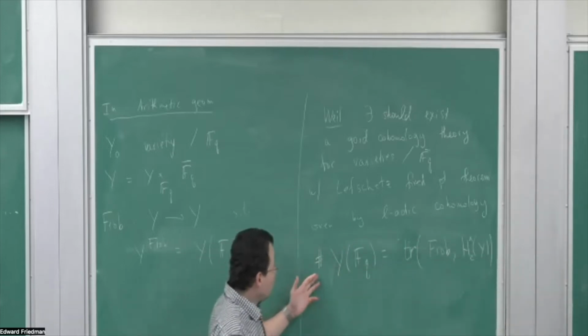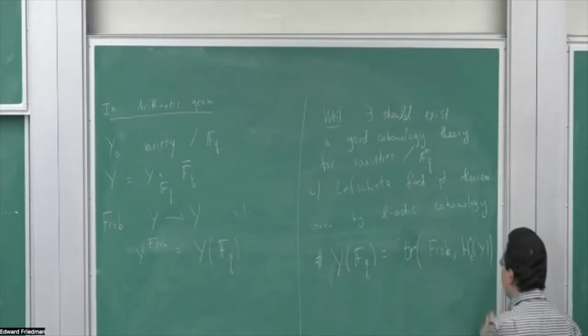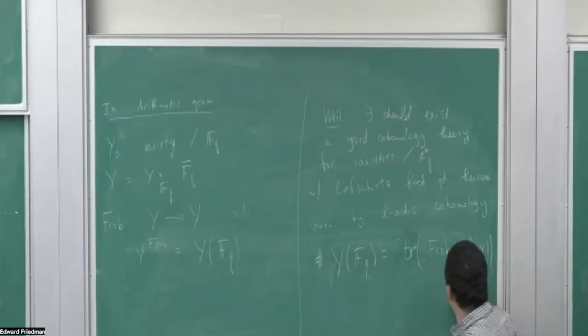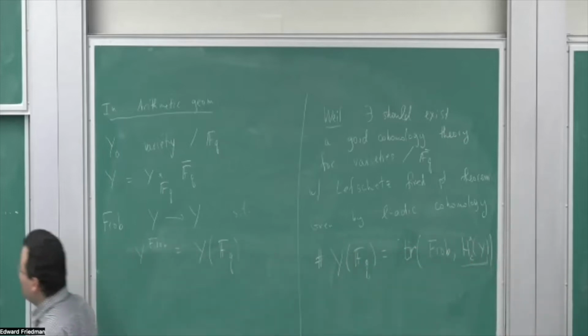Also, this is going to be a prototype for the kind of thing we want to do. Notice what the idea was. We wanted to study a number, the number of fixed points in the arithmetic setting over a finite field. What we did is we first associated a vector space over the algebraic closure, and then took the trace of Frobenius.